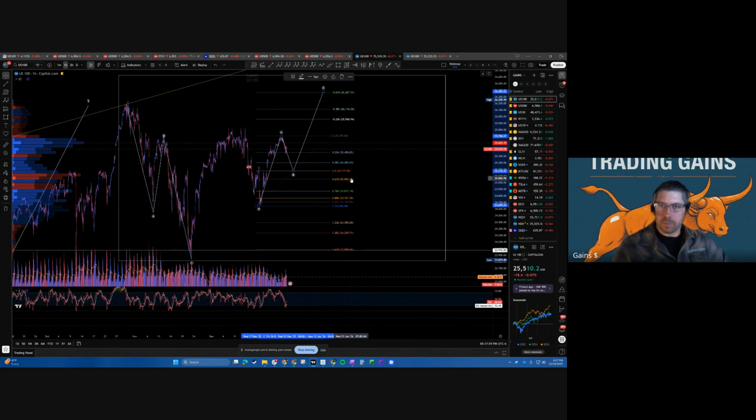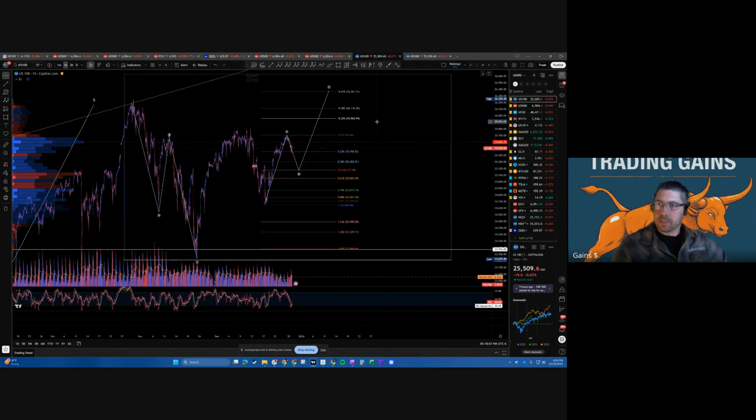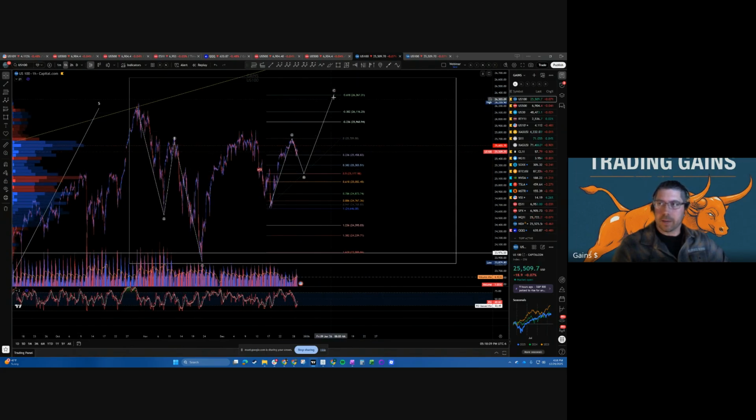It seems to be a pretty big magnet for sells, or at least it gets sold down and then bought up right away. This to me would be the final leg up for some sort of irregular correction.